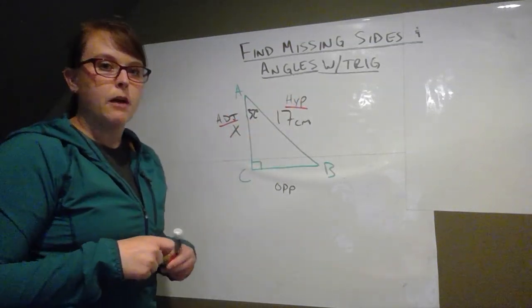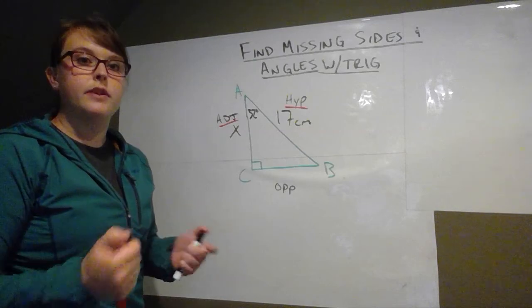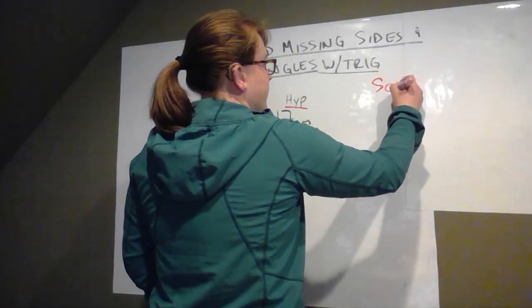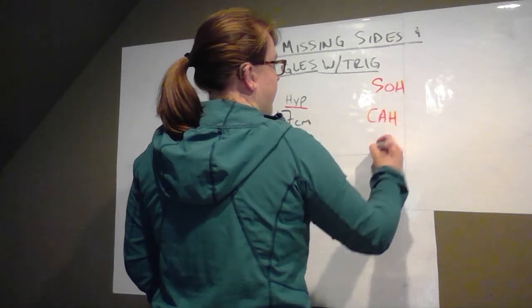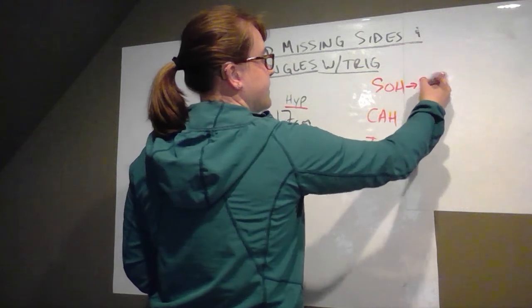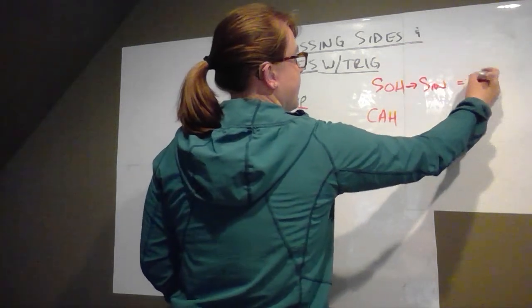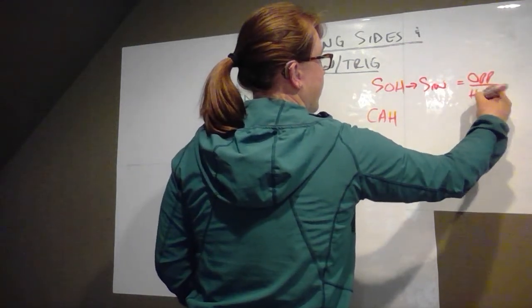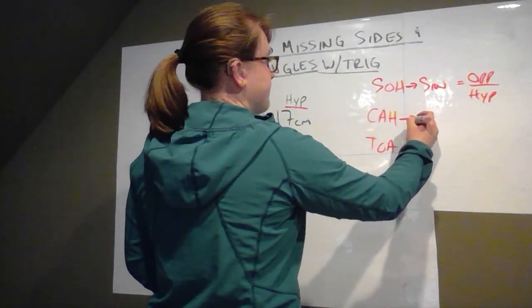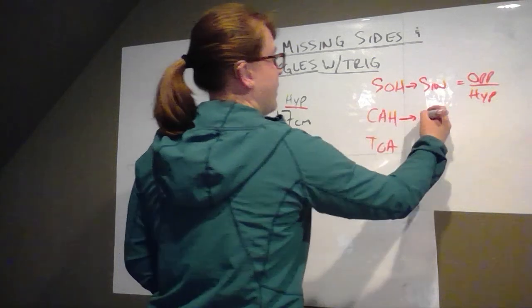So right here, it's going to be helpful to us to remember what sine, cosine, and tangent ratios are. If we remember SOH CAH TOA, SOH tells me that sine is opposite over hypotenuse. CAH tells me that cosine is adjacent over hypotenuse.